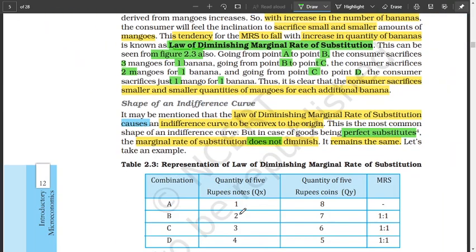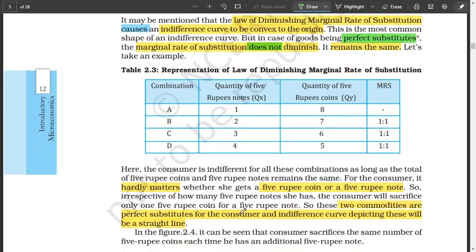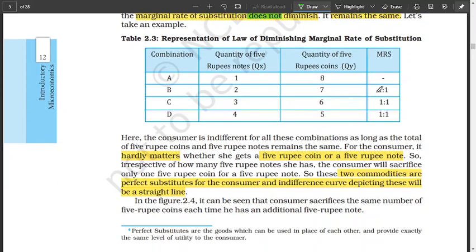Okay. But there are some cases where the marginal rate of substitution remains constant, even though in most cases the MRS is diminishing. The example here is if you were to get more coins or more notes, say 5 rupees.